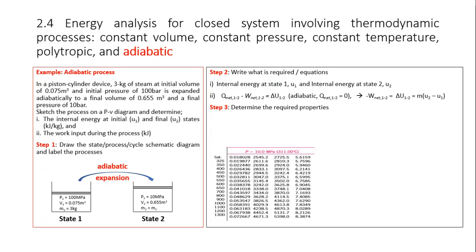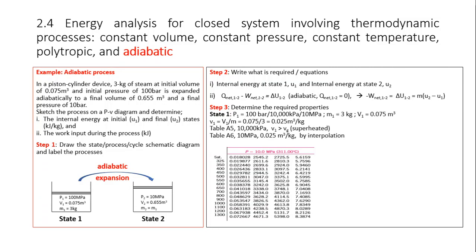So for step 3, we start with state 1 to determine the required properties. For state 1, we have to calculate the specific volume first in order for us to check the phase of the substance. So using table A5 at 10,000 kilopascal, we compare the value for specific volume with Vg, which is greater, therefore meaning the phase is in the superheated region.